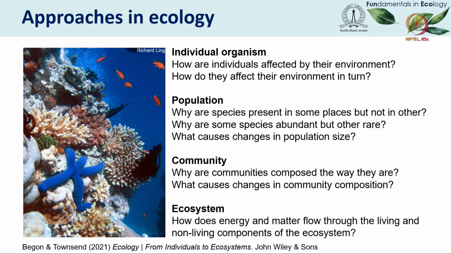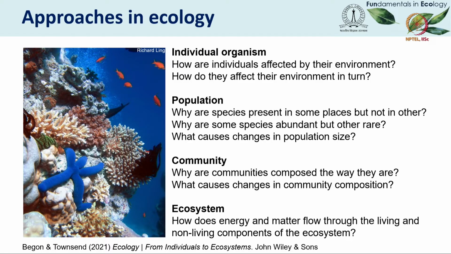At the community level, some of the representative examples of the kinds of questions that people ask in ecology are, why are communities composed the way they are? Right? Why do you see that this set of populations of these species co-occurs in space and in time, and some species are abundant, other species are rare, and the community is composed in a particular way in terms of the abundances of different species in the community?